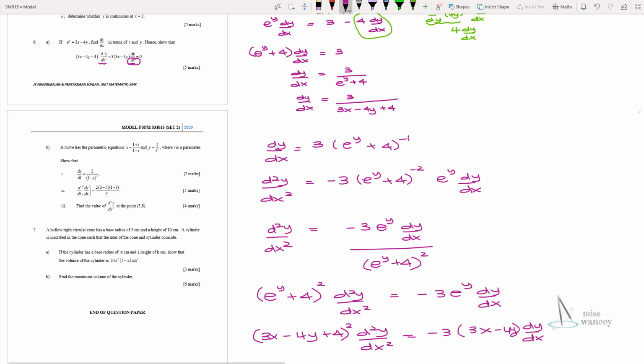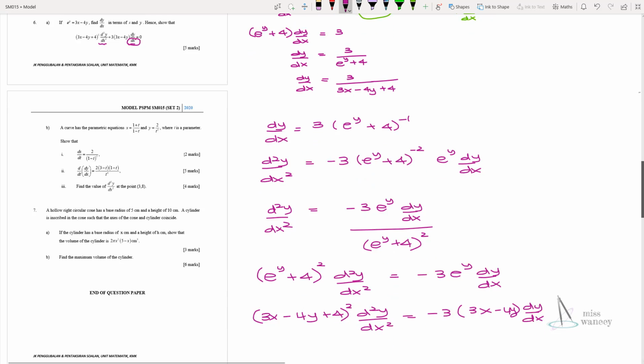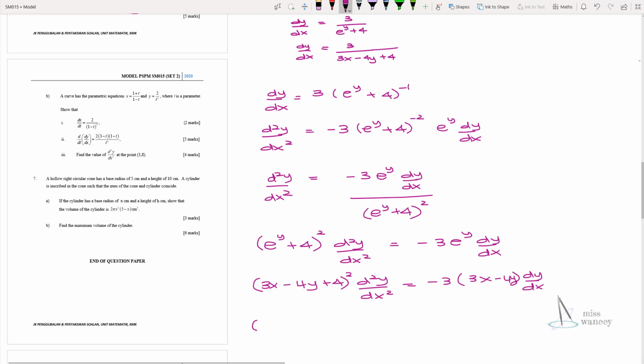And let me bring it to the left hand side so that we can have a 0 on the right hand side. So this is 3x minus 4y plus 4 square d2y over dx square plus 3x minus 4y dy over dx equal to 0.